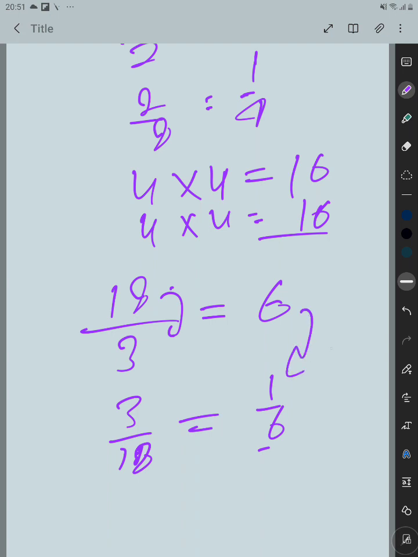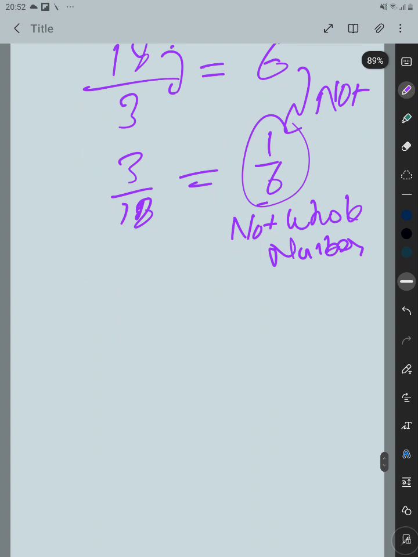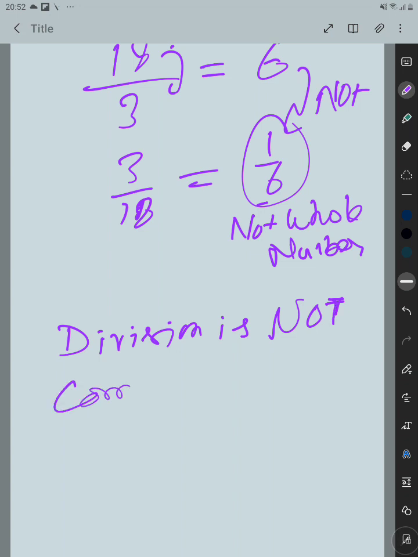And these two are not the same, and this is not a whole number either. So for division, it is not commutative. What will we write? Division is not commutative for whole numbers.